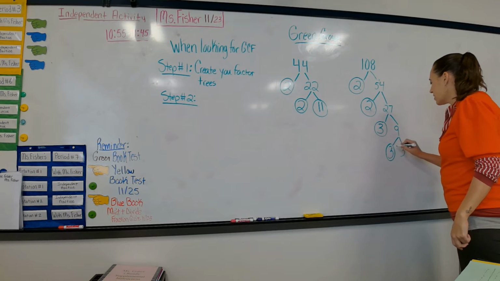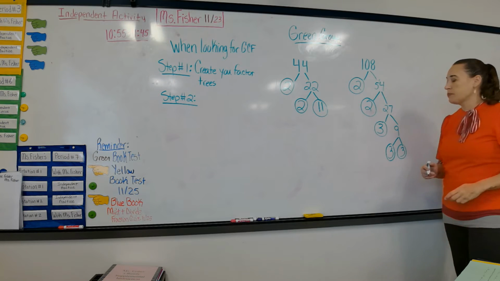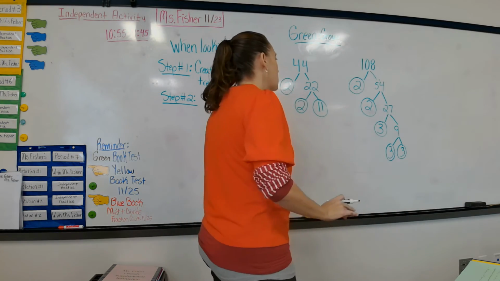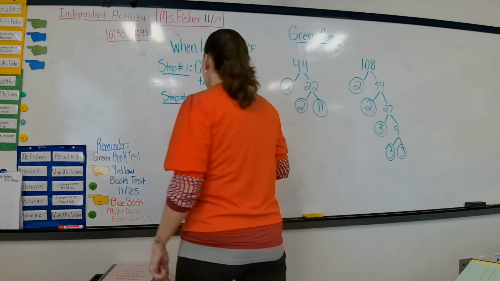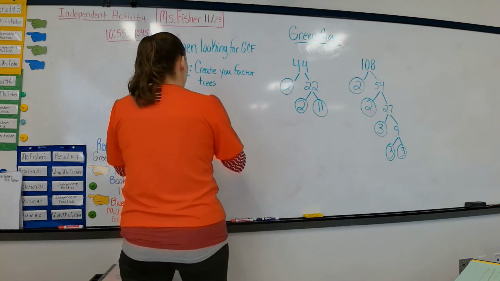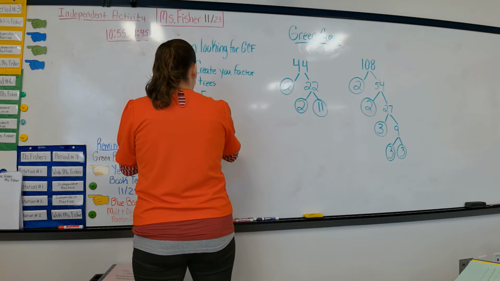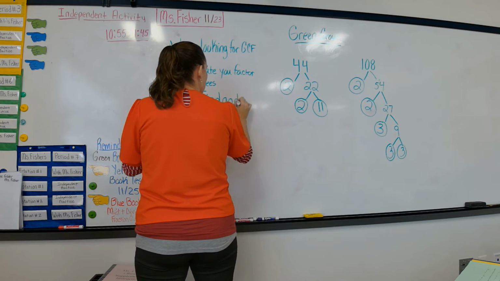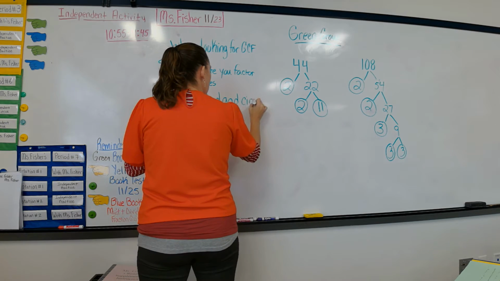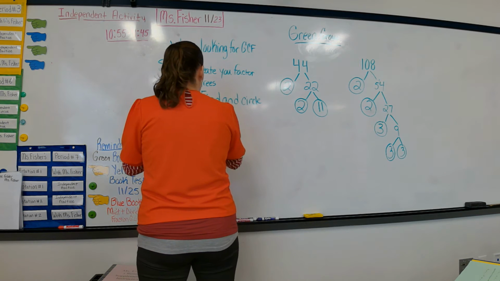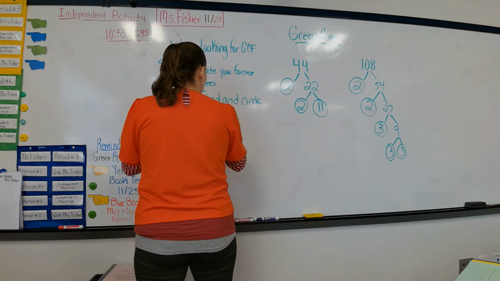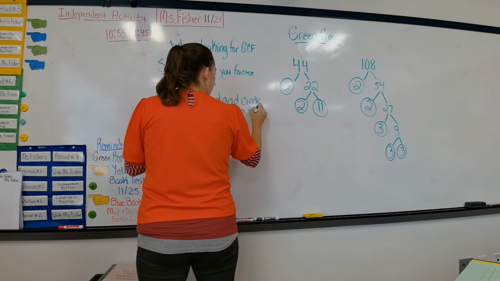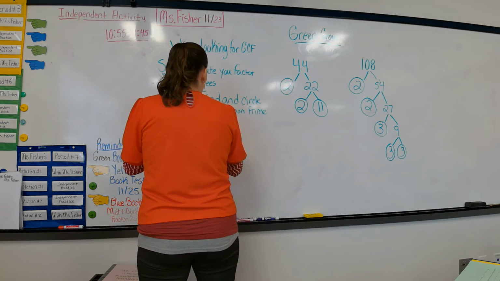So they're our last 2 prime numbers. So now that we are down to just our prime numbers, we're ready for step 2. Step 2 is to find and circle the common prime numbers.